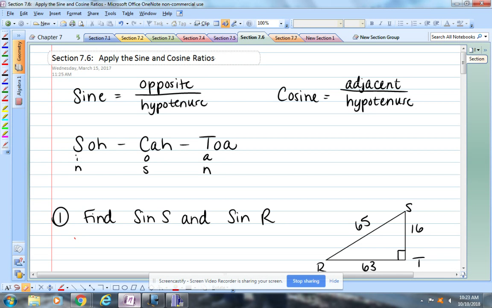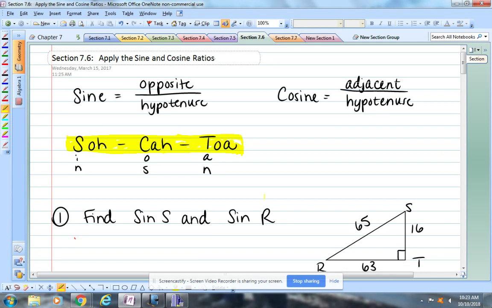So SOHCAHTOA, y'all say that, SOHCAHTOA, is one little acronym that we can use to help us memorize the ratios. Now, you've got to be able to spell SOHCAHTOA for it to work for you. Okay, so it's an acronym. So that part is referring to sine, and it's going to be the opposite over the hypotenuse.